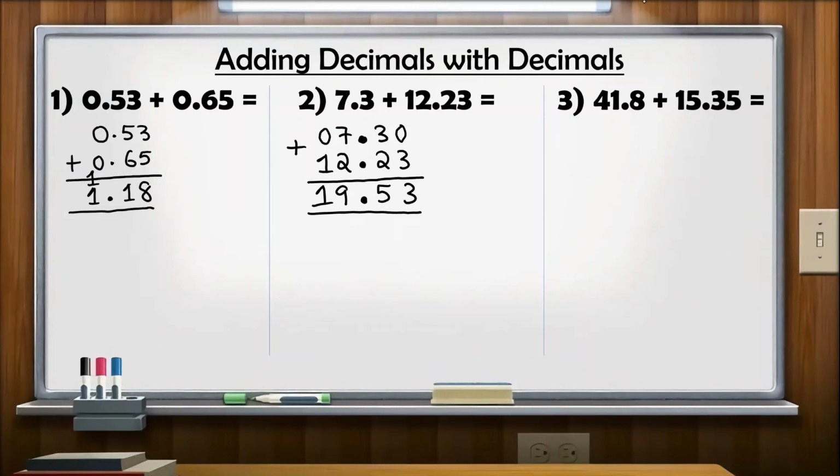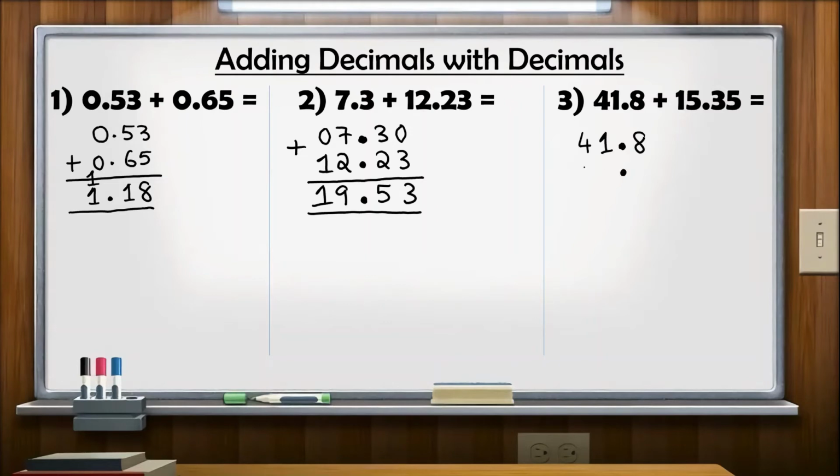Now moving on to example 3. Again, the numbers have changed slightly, but I am going to apply the same procedure as I have done for my previous 2 examples. So firstly, I need to make sure the numbers are lined up in the correct place value positions. And with the help of the decimal point, I will be able to do this. So I use my decimal point and I set up 41.8.